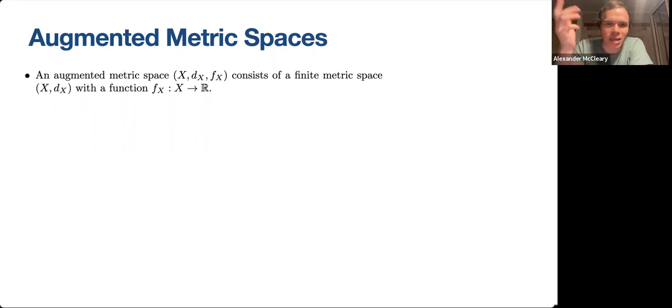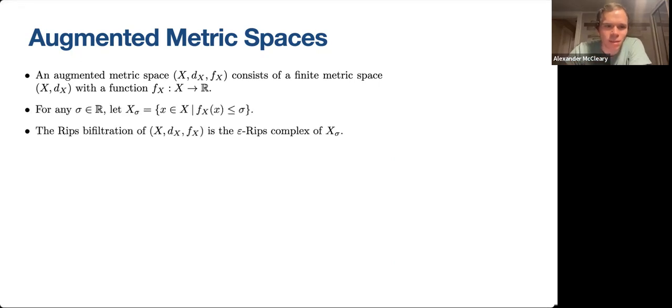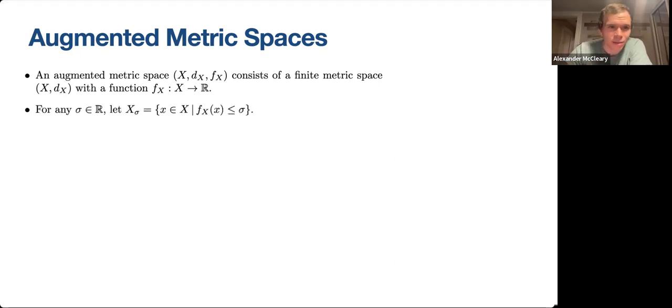So we have this set of points X, and we just want a function from X to the reals. That's it. Now what we can do is let's pick a real number. We'll call it sigma, and we'll define X sigma to be the set of everything that maps to something less than or equal to sigma. So this is also just the sub-level set of sigma along f_X here.